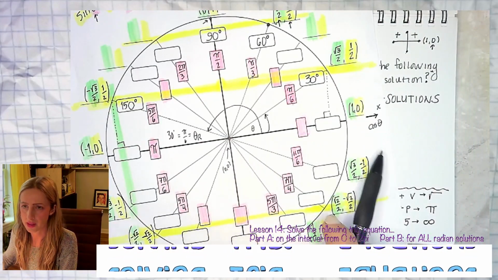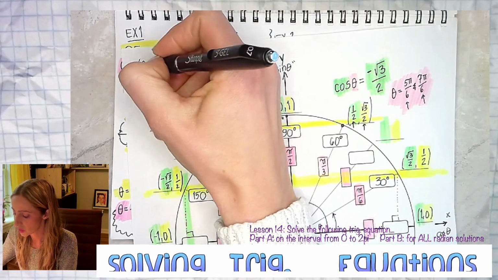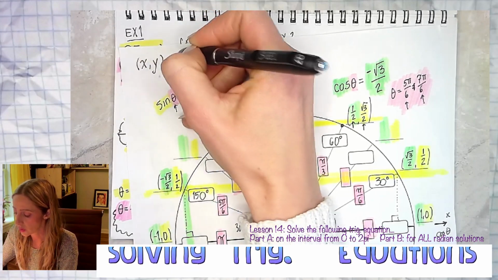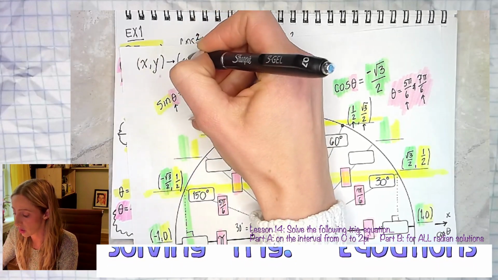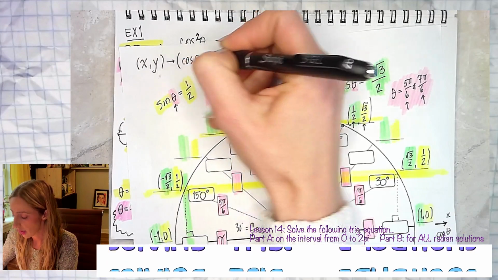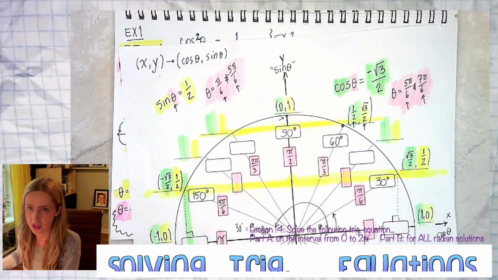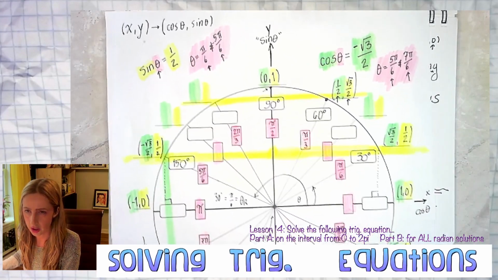And then I even put x is cosine theta. So you could even write in the corner, this is only for the unit circle. It's like a trick that we do. So the x on the unit circle gives us the cosine of an angle. And then the y on the unit circle gives us the sine of an angle. So it's just a way for us to get our answers faster.